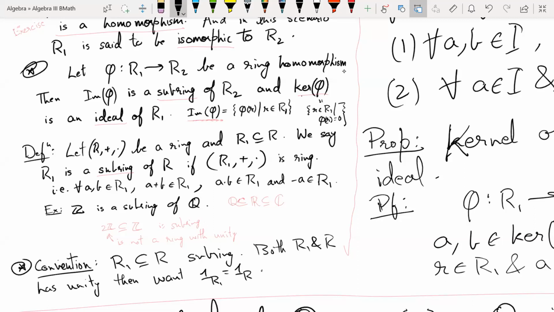Those which have unity, we won't consider. If some of the rings don't have unity, we'll of course throw all this convention out of the window. But if all the rings have unity and are nice rings, we would insist that the unities are the same. I'll explain later in the course why this convention is useful.